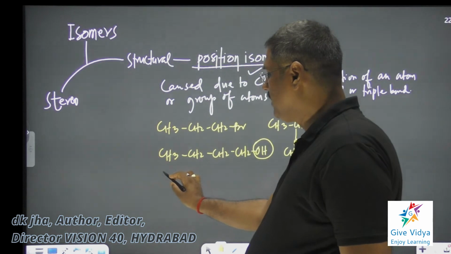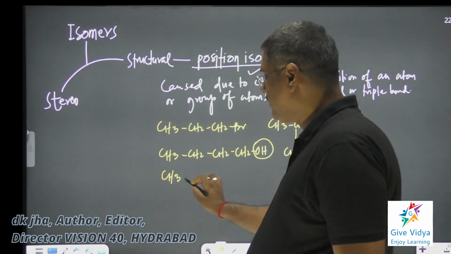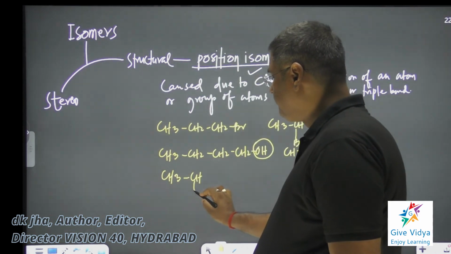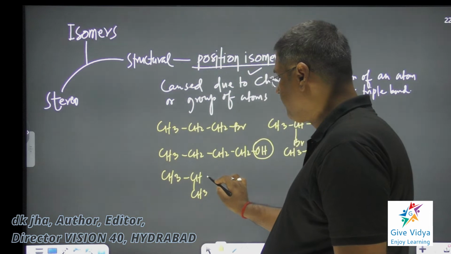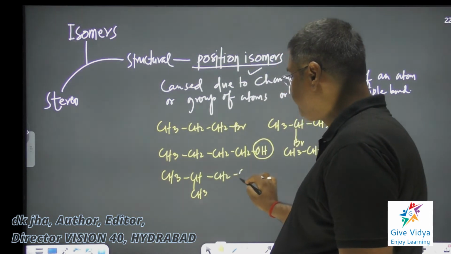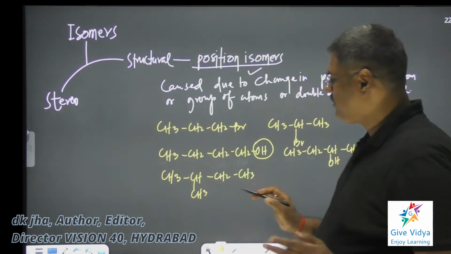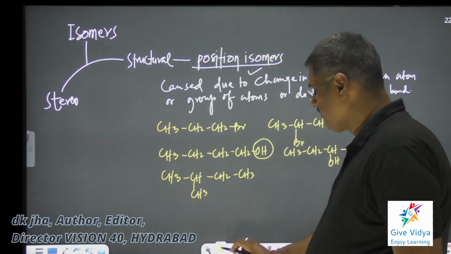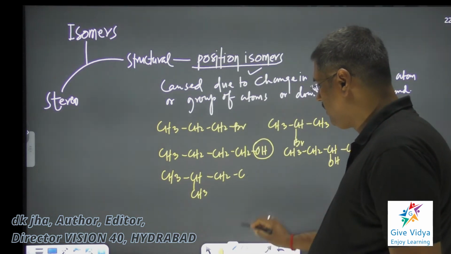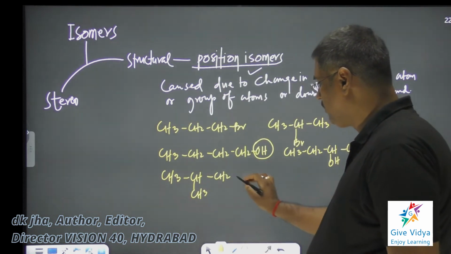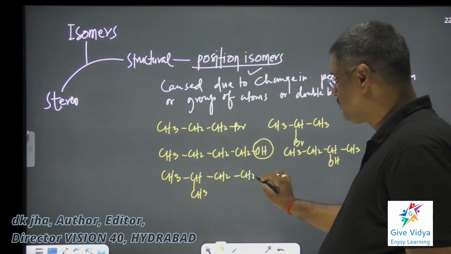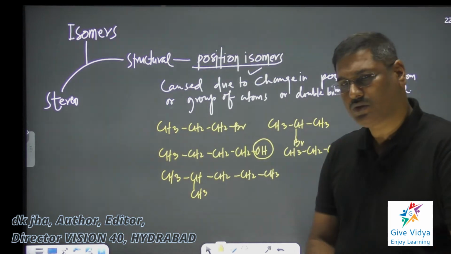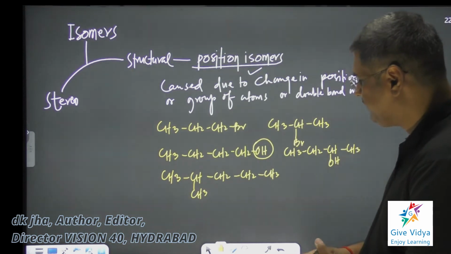So, for example, I take one more example here. We take CH3, CH, CH3, CH2, CH3, and let's take one more carbon, CH2, CH3. This one is 2-methylpentane.